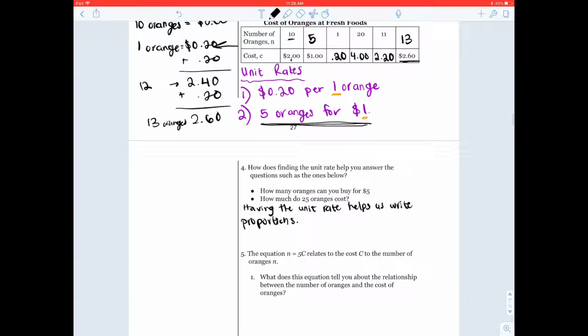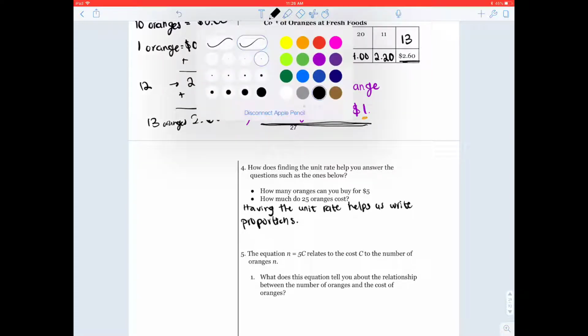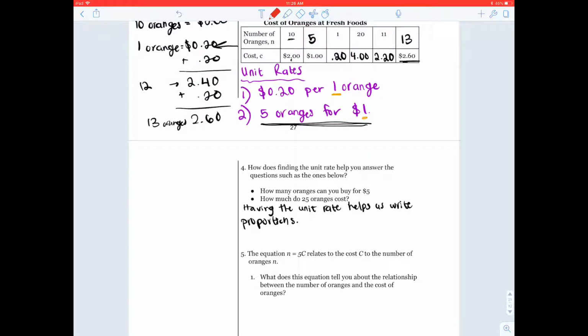So where am I going to write that? Hold on, give me 1 second. So if 5 oranges cost $1, you multiply the number of dollars by 5.